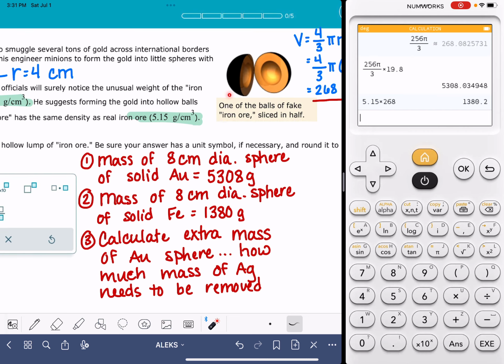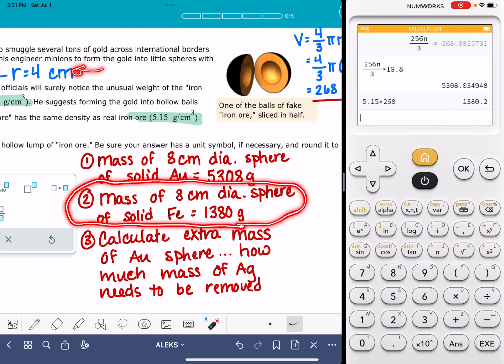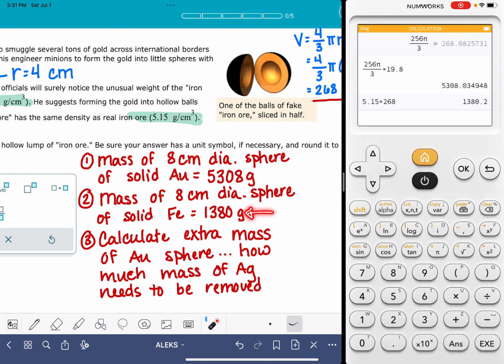So now that we've got that much, let's take a minute and think about what we've calculated. In this situation, these people are trying to make hollow spheres of gold that would have the same mass as a solid sphere of iron. So we have determined that a solid sphere of iron with this radius would have a mass of 1,380 grams.